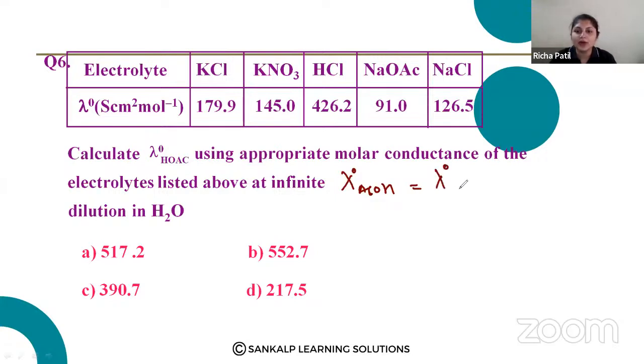It is lambda naught of sodium acetate plus lambda naught of HCl, minus lambda naught of NaCl.